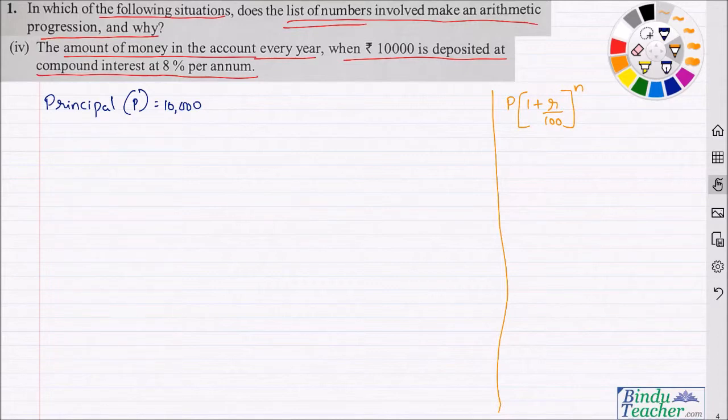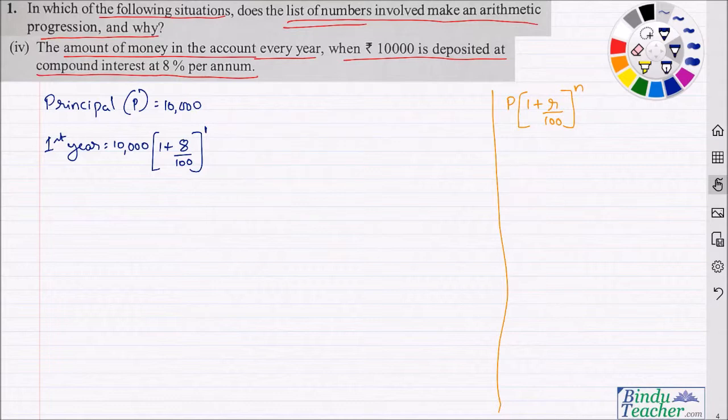So using this formula, we can say by the end of the first year, the amount in the account will be 10,000, which is P, into (1 plus the rate of interest, which is 8%, divided by 100) to the power of N. N is the term. Here it is 1 year.